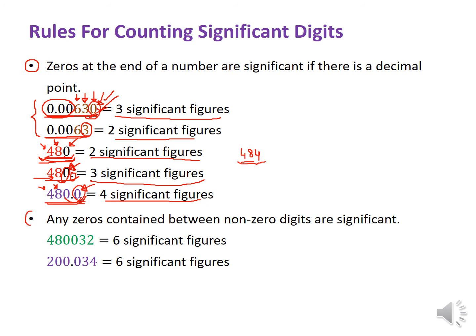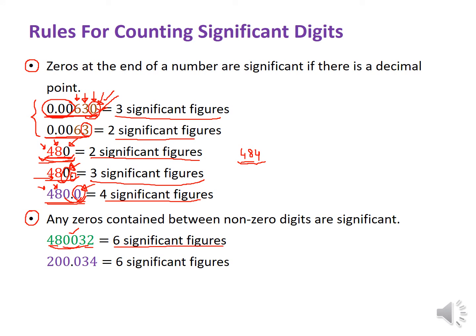The fourth rule is any zeros contained between non-zero digits are also significant. Here we have 2 zeros, and these 2 zeros are contained between the non-zero digits. For this reason these two zeros are also significant, and hence in this number we have 6 significant figures.